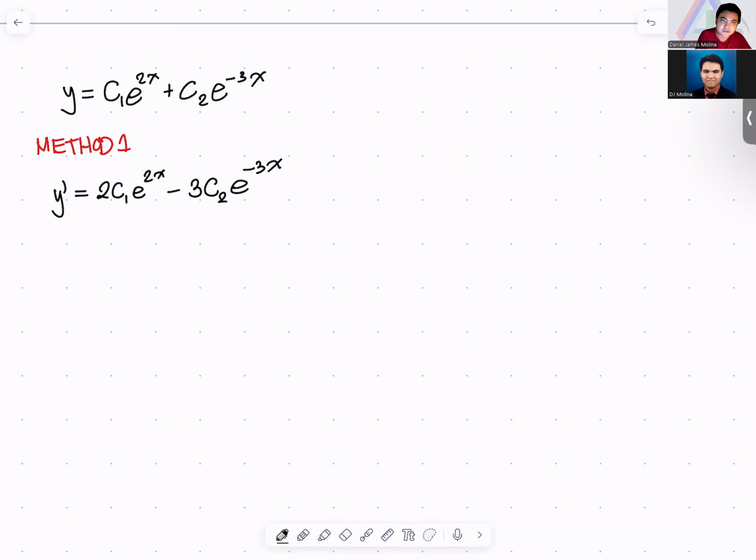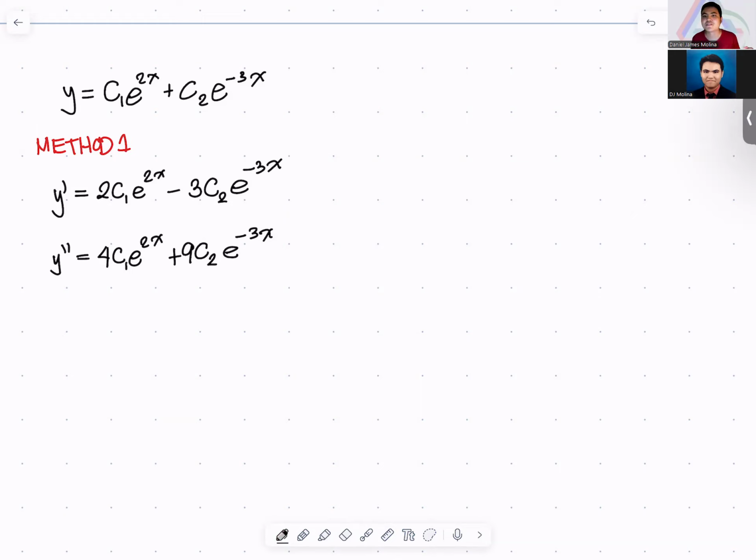Then differentiate it again. This will be the second derivative. By differentiation, we have 4c1 e raised to 2x plus 9c2 e raised to negative 3x. So we already have three equations here. Then let's try to eliminate the two arbitrary constants.